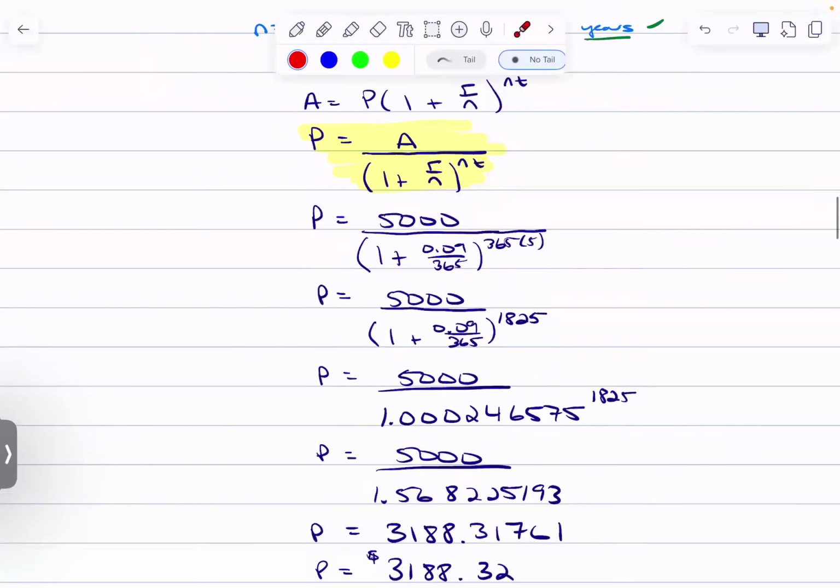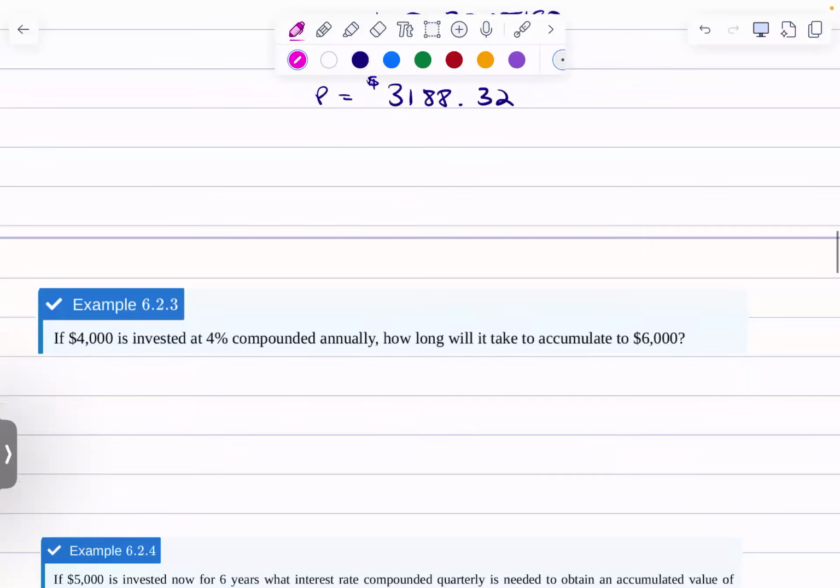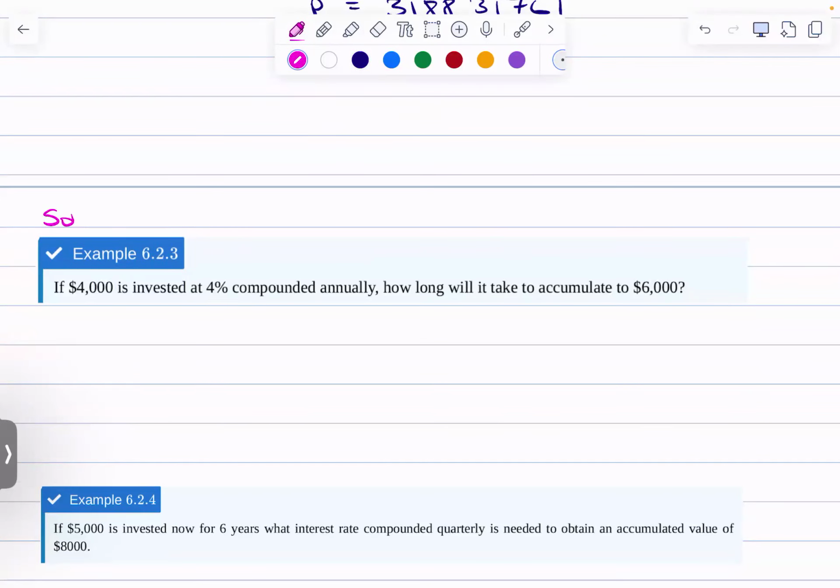Now, let's see here. How about our next example?